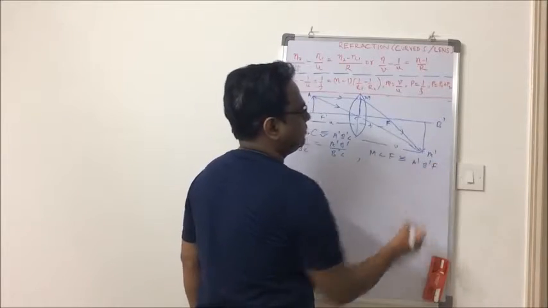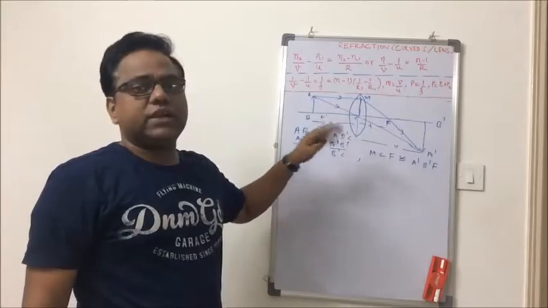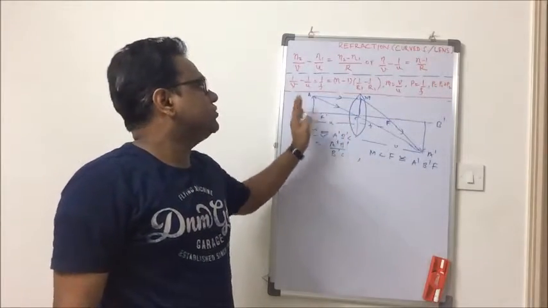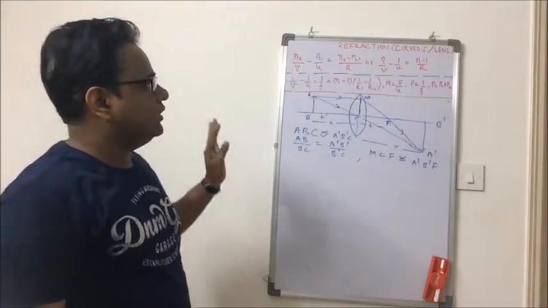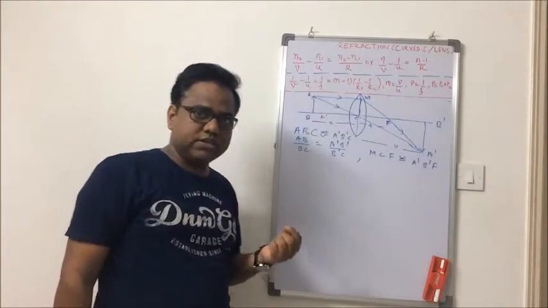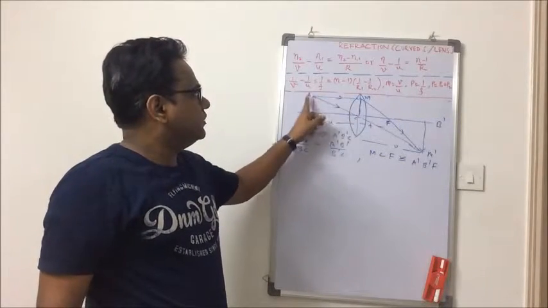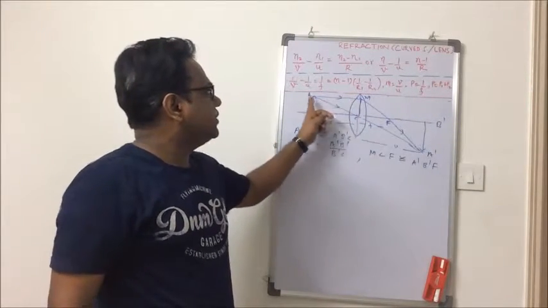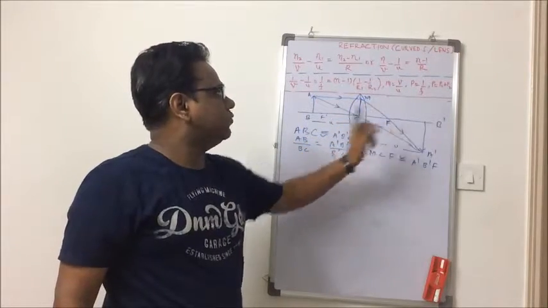Why am I mentioning that? Because people get confused about which two triangles to take as similar. If you remember, the triangles formed by first ray, which is like this, and triangles formed by second ray after refraction. So this one and this one.